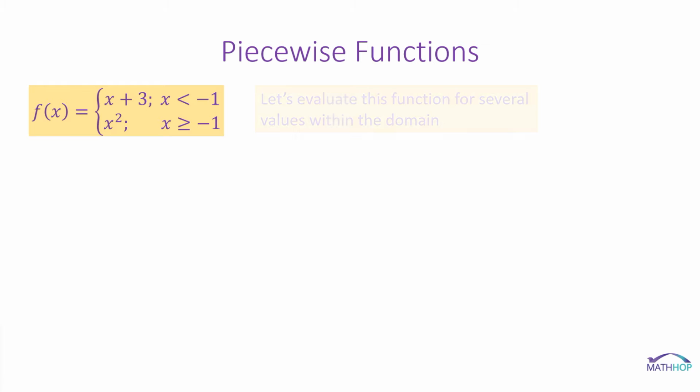And let's look at what I mean. Let's evaluate a few different inputs for this domain. If we looked at the input f of -3, so we want to know the value of this function, f of x, at -3. Now, it's a little more work than normal because remember, f of x is made up of two different equations.